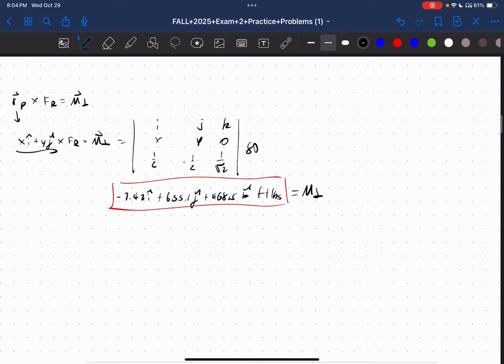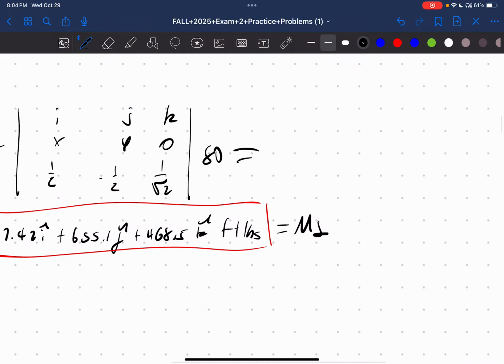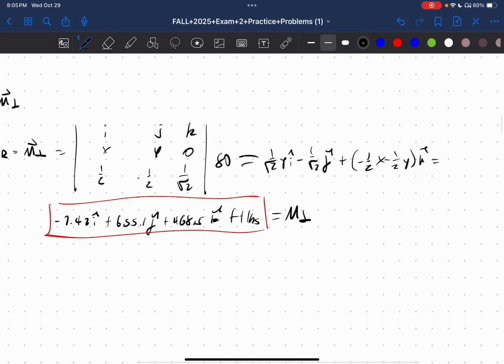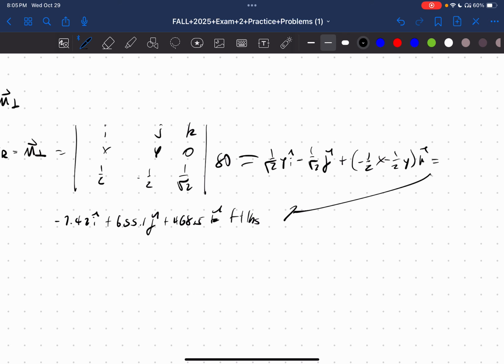This right here is actually equal to, so basically if we do this out, it's going to be 1/2 in the I direction, and the I direction is going to be 1 over square root of 2 times y, minus 1 over square root of 2 in the j direction, plus negative 1/2 x minus 1/2 y in the k direction. This is equal to this right here.